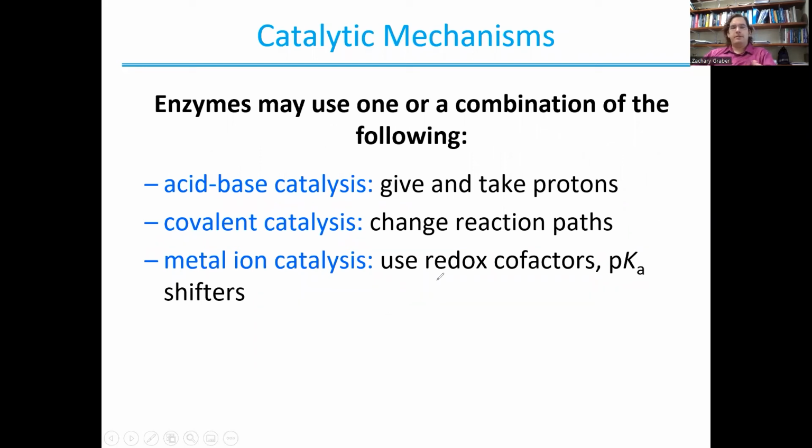Metal ions can also be used to help with redox reactions, whether they're transporting electrons from the substrate to a product, or they could also be used to help stabilize charge in our transition state as we're going to our product. Right, so there's a variety of different ways that we could use our metal ion catalyst as well. Most of our enzymes will use some combination of these three general mechanisms.